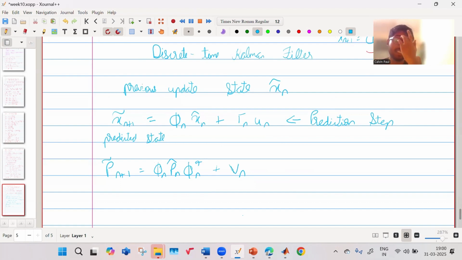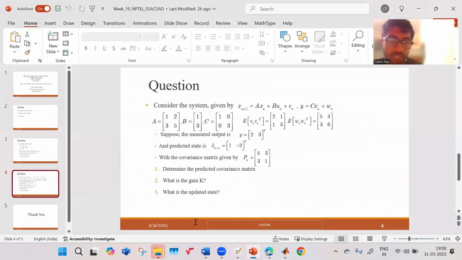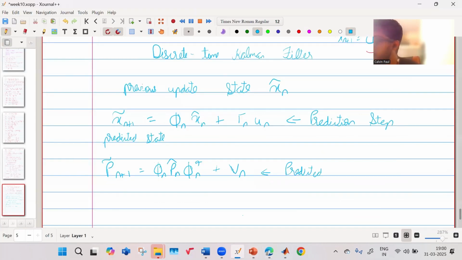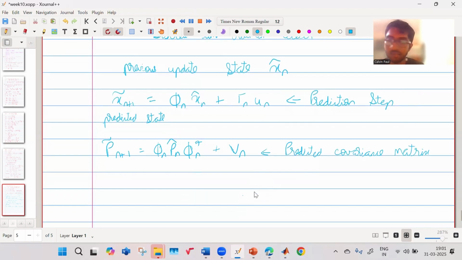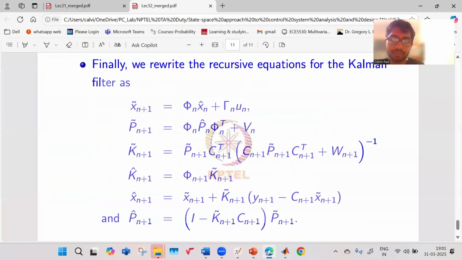So basically, this is dependent on the error covariance. So we are finding the predicted covariance matrix. This is the P tilde n plus 1. This is found. So this is step 1, this is step 2. Now you will go to the next step.